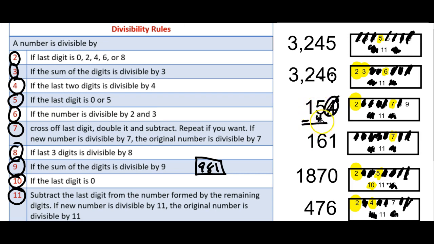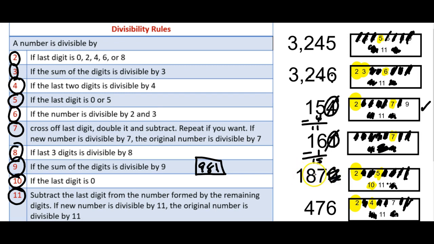15 minus 4 is 11. 11 will go into 11, so I know that that number is divisible by 11. If I take this 1, cross it off, subtract it from 16, I get 15. 11 will not go into 15, so we're going to cross off that 11. Take the 0, subtract it from 187, I get 187.